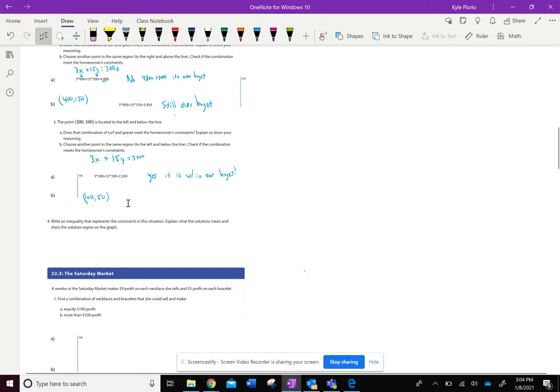I'm just going to use the last one and make sure I'm using 100 for x and 50 for y. 1,050, yeah, that's under budget. 1,050 is within our budget.